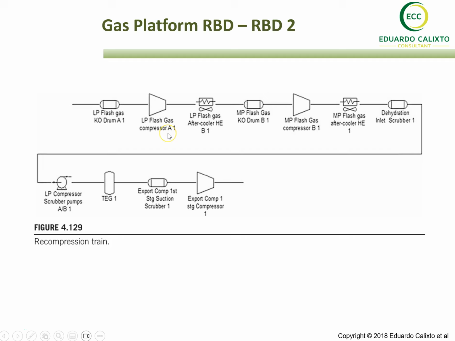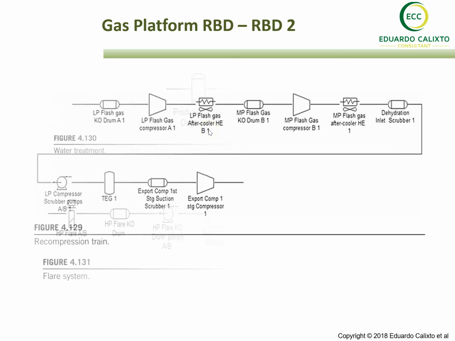I have one low pressure compressor, middle pressure gas compression, low pressure compressor, scrub pumps, and so on. I have only one train represented here, and we'll see later on what is the best configuration in the end, because these compressors are critical. If one of these fails, I have 100% loss of production.